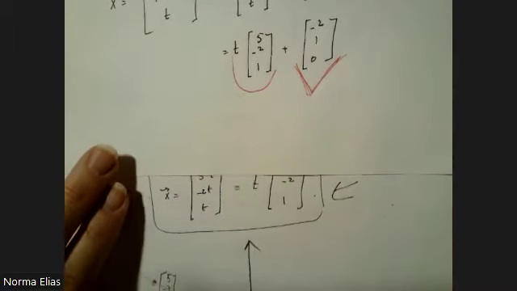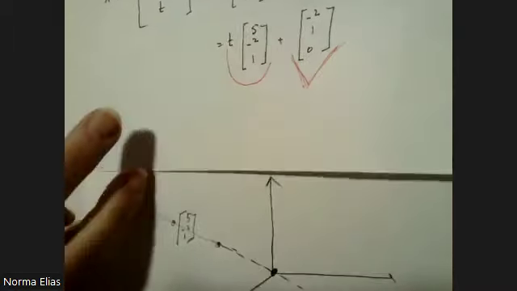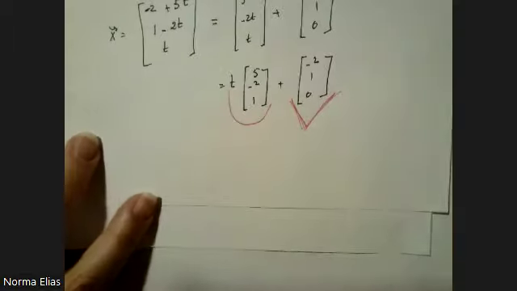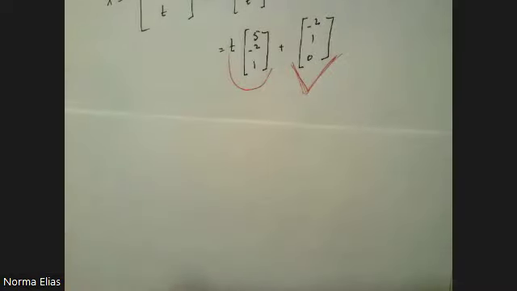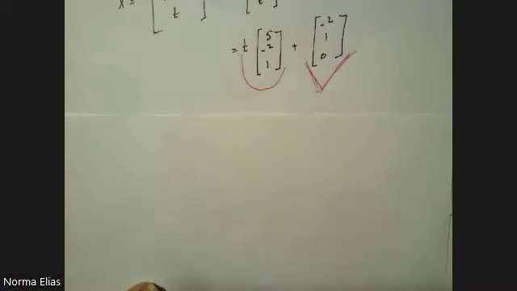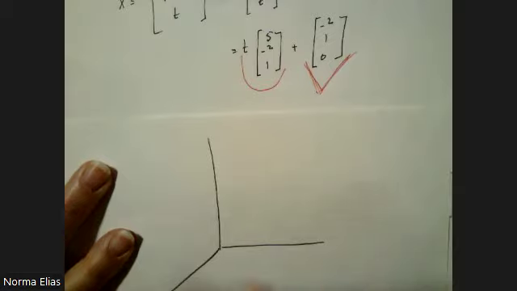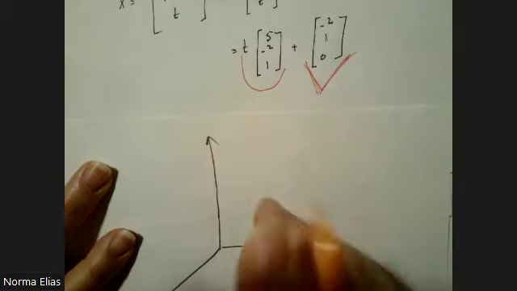So geometrically, what's going to be the relationship between the two solutions? What's really happening? I will keep this in front of us, and I'll draw and see the relationship between the solution of AX equal to 0 and AX equal to B.